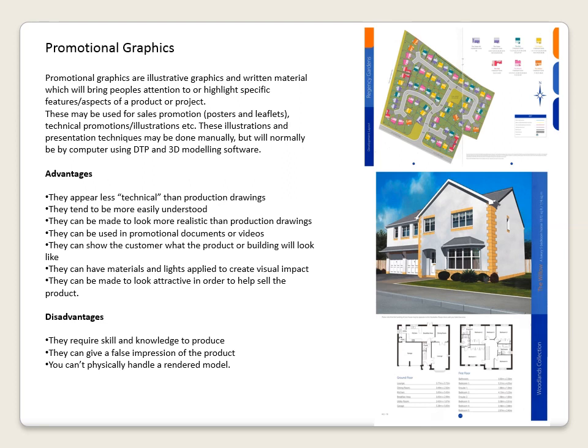So this is not a photograph. This is a computer rendered illustration showing some materials, showing some colours onto the building. And this might not be exactly what it looks like once it's built, but it gives a good impression of what it would look like.